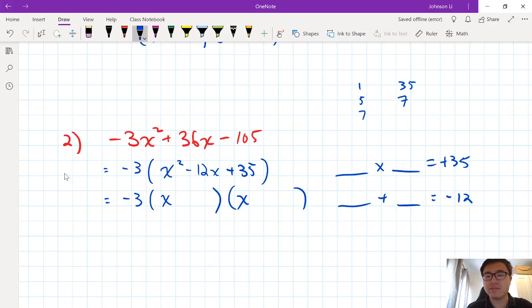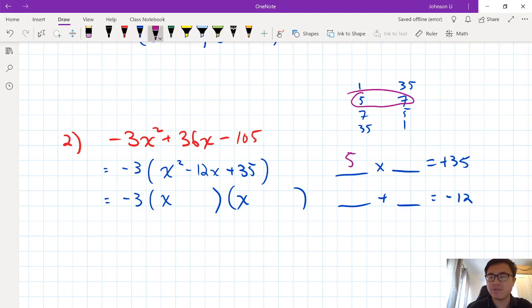And then there's 7 and 5, and then 35 and 1. I think those are all the pairs of numbers that give you multiplication to 35. Looking at these numbers, it's clearly obvious that only 5 and 7 can ever hope to make a 12. So let's jot that down.